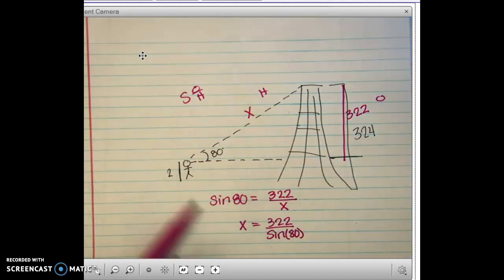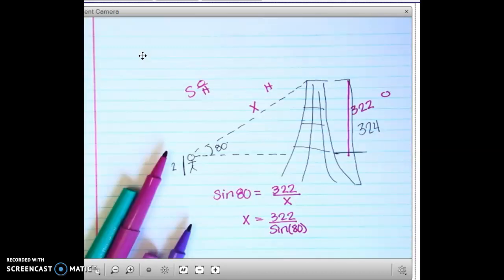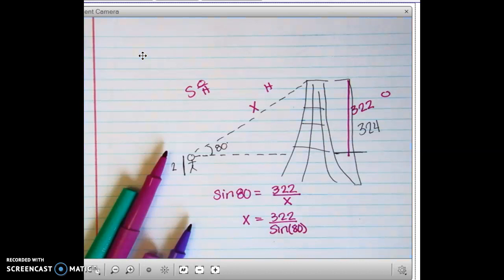I don't have a calculator right in front of me, but if you give me a second, I can tell you what that equals. I'm going to pull up Desmos here. And then you want to make sure that your mode is in degree mode.